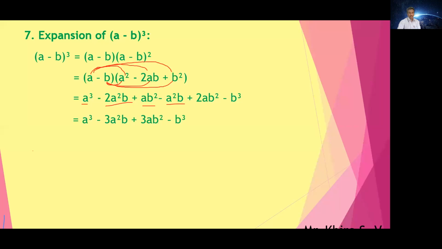Now ab square plus 2ab square we will get 3ab square. Coefficient of this ab square is 1. Therefore, 2 plus 1 is 3ab square, and minus b cube as it is. Got it?